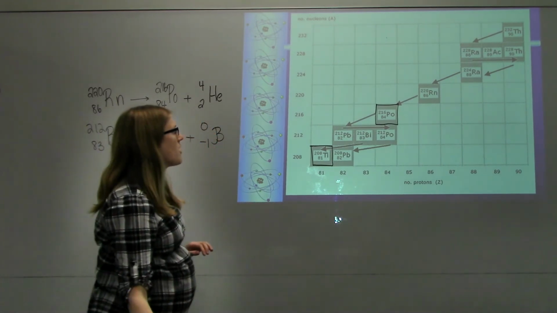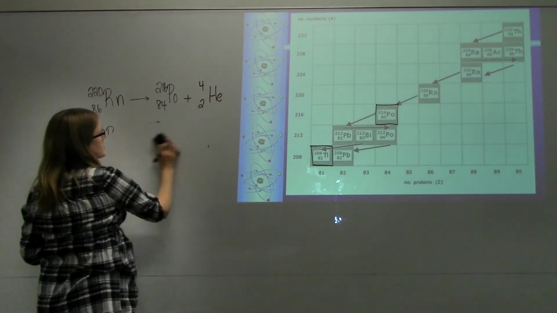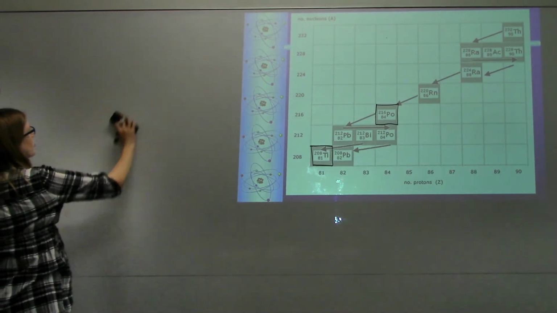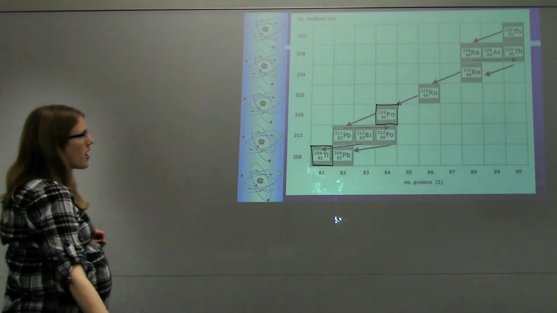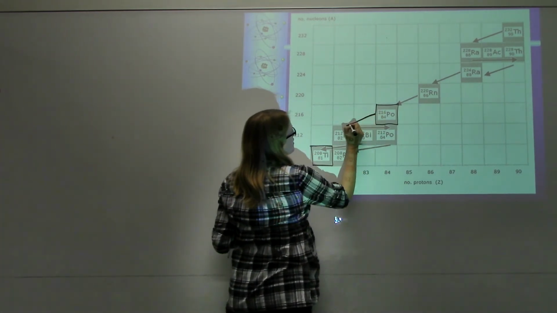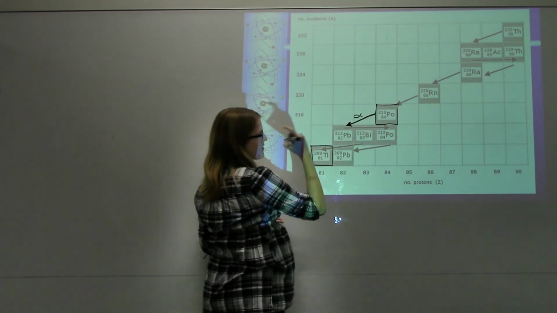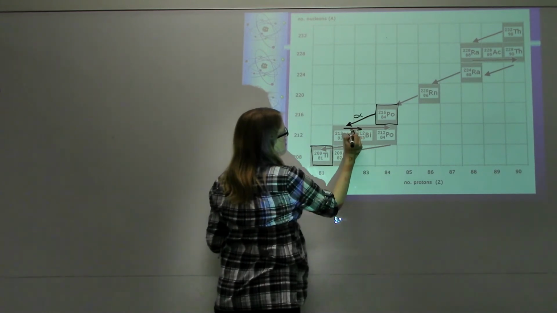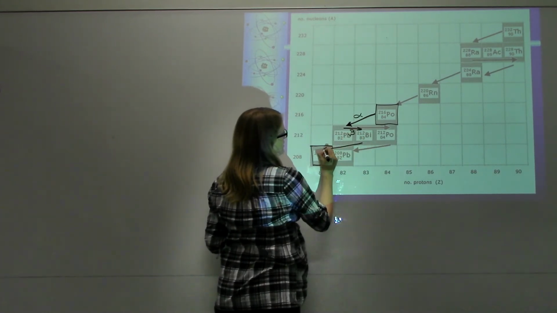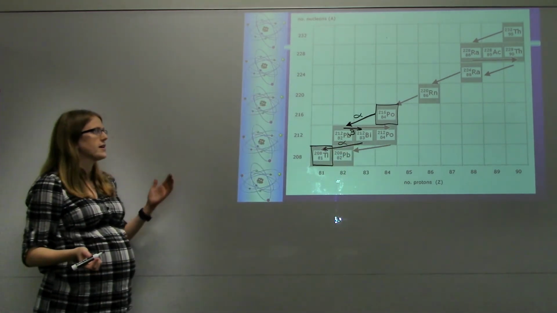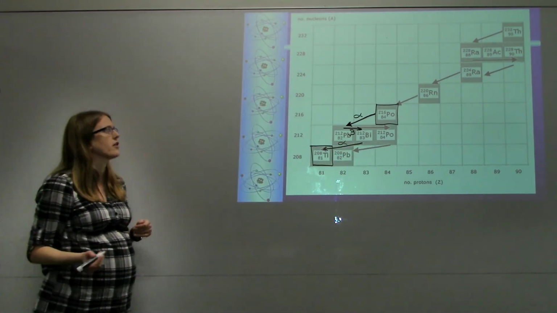So we're going to go from polonium-216 to thallium-208. First of all, you need to know how many reactions you need to write. We're going to write 1, and this one's going to be in diagonal, so that's alpha. Then we're going to go 2, that's going to be a beta, and then 3, that's diagonal, so that's going to be an alpha. So we're going to write 3 reactions: alpha, beta, then alpha.